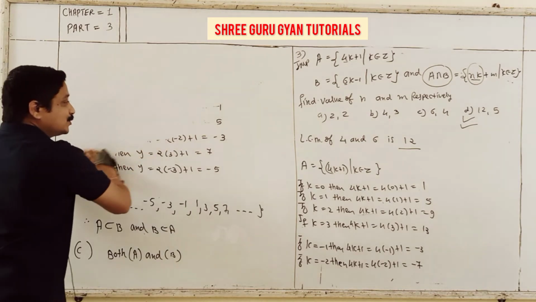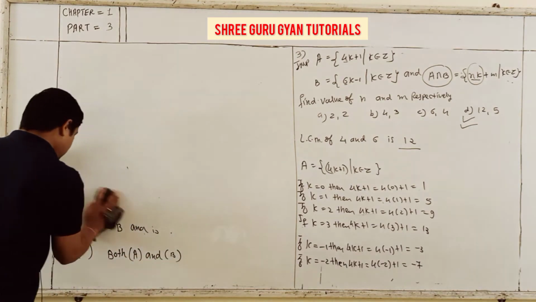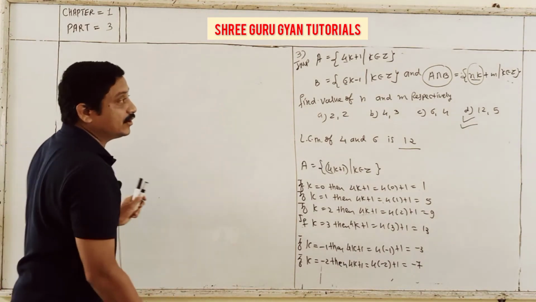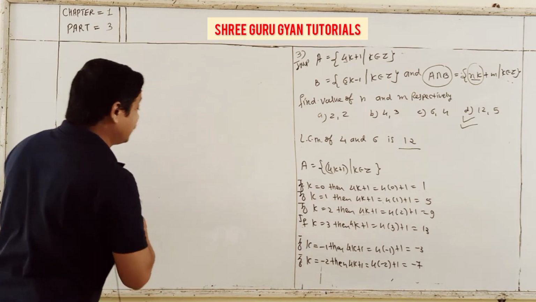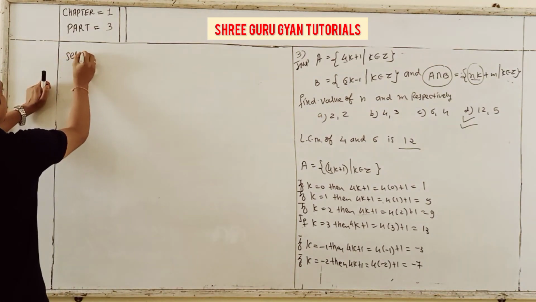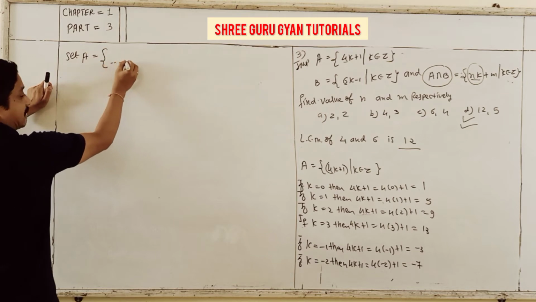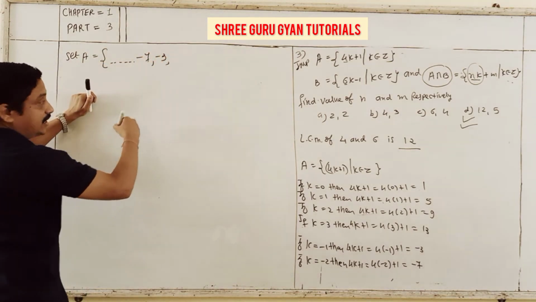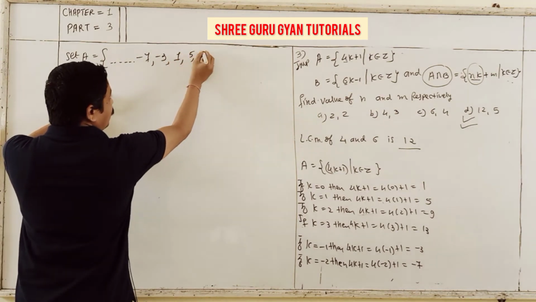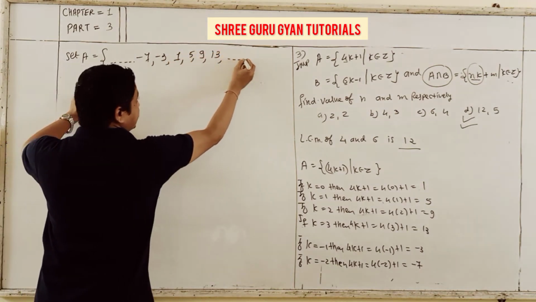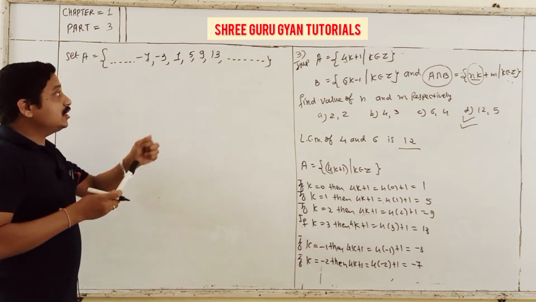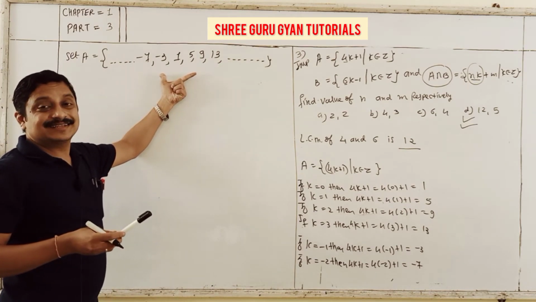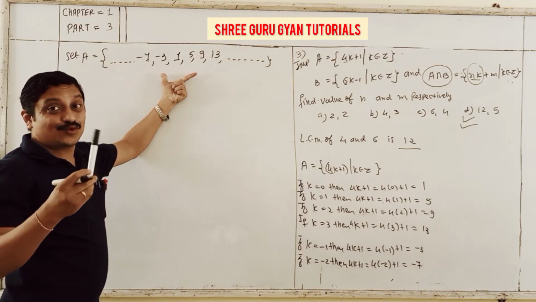In shortcut wise, students, your numerical is done. But if you are not going option wise, then I apply the method. My set A is ready for that. Some elements are in the negative: -7, -3, 1, 5, 9, 13. Look at that. How many numbers are increased? Yes, every step has an increase of 4.